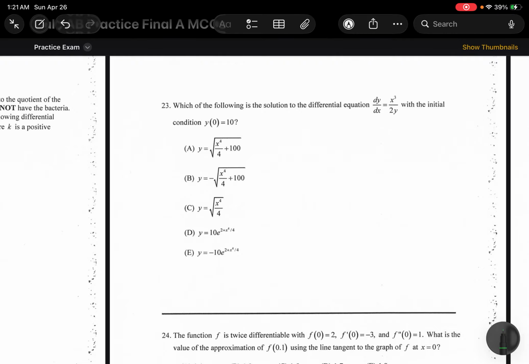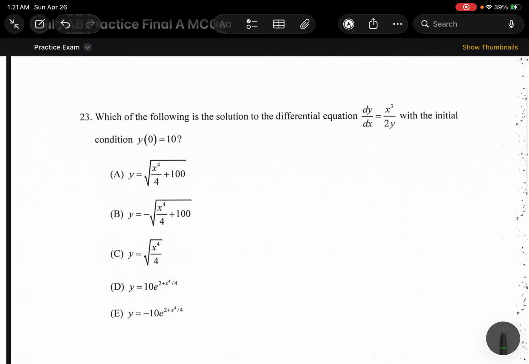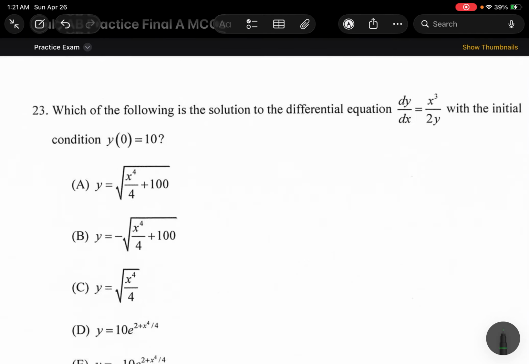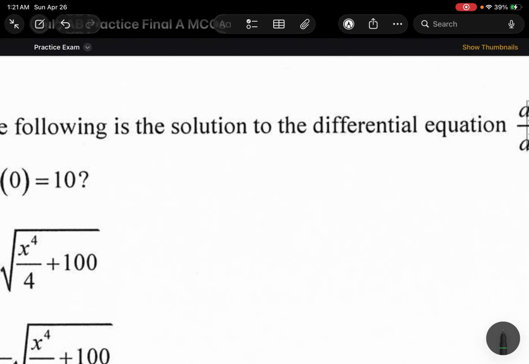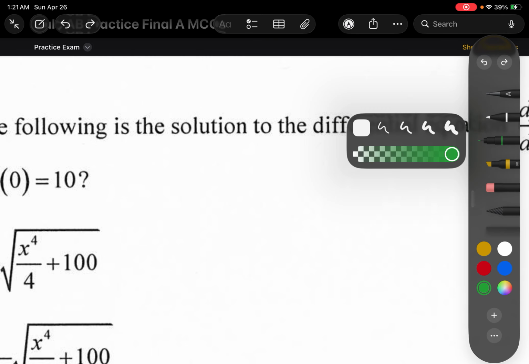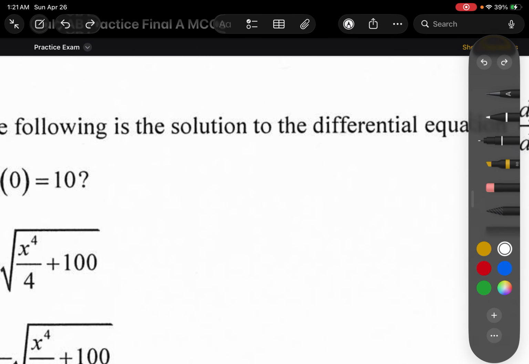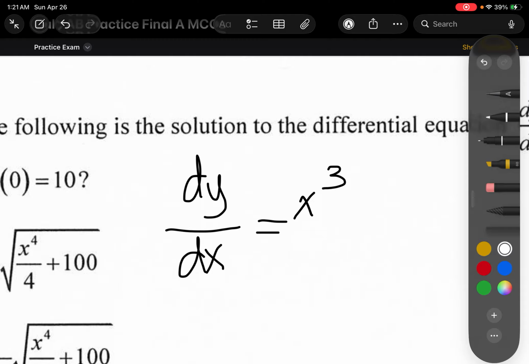First, we're going to separate. Y goes on the left and X's go to the right. Follow my algebra.